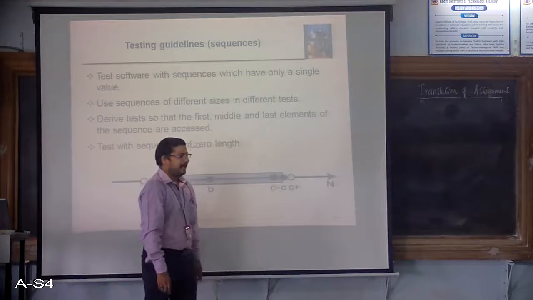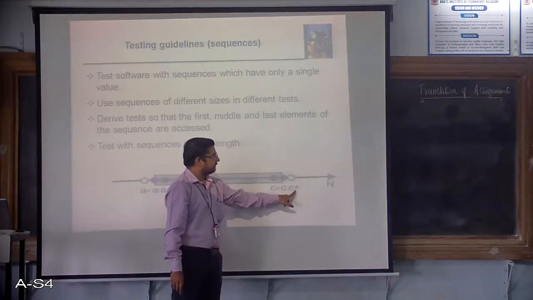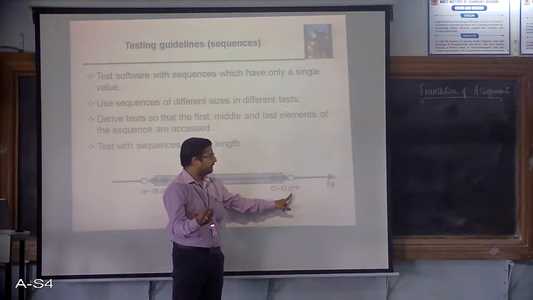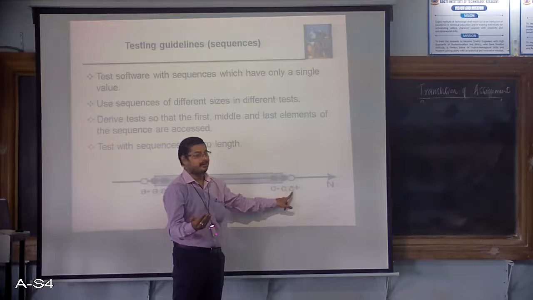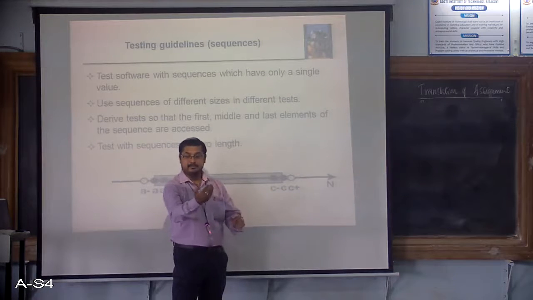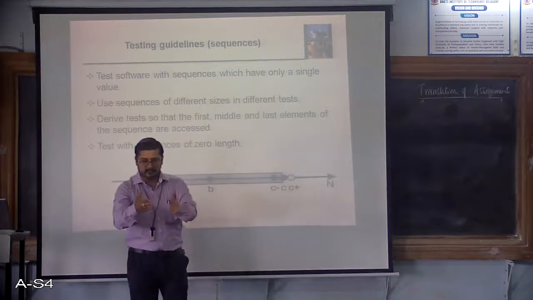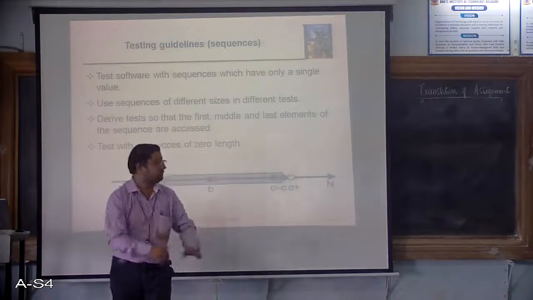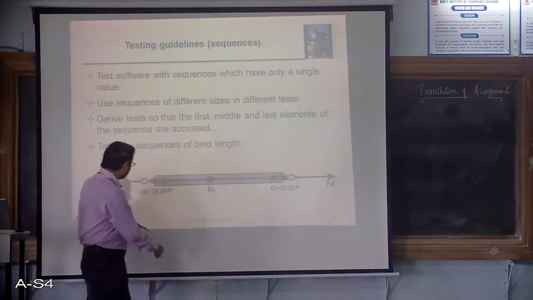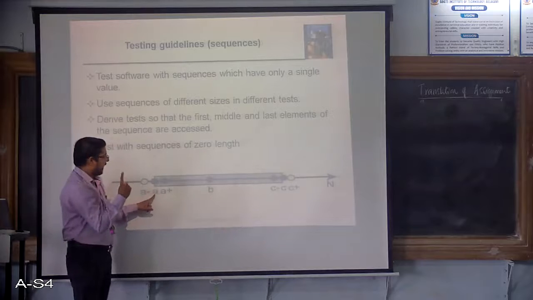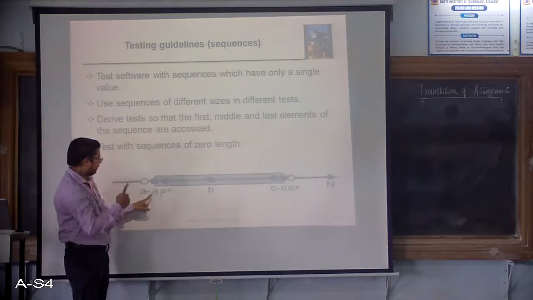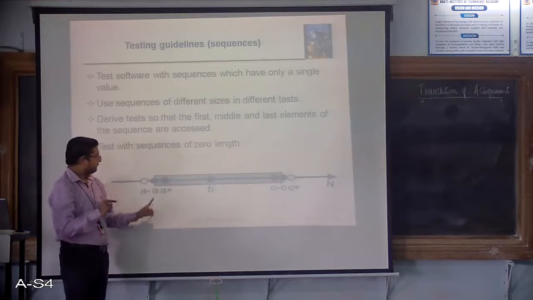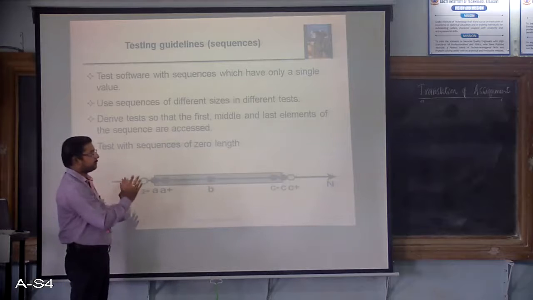I also want to check C plus, maximum plus, the boundary nearest value to 100, which is 101. C minus, maximum minus, the very near number to 100 as a minimum, 99. And here A is 1. A minus, minimum minus, is 0. So all these inputs we have to provide.